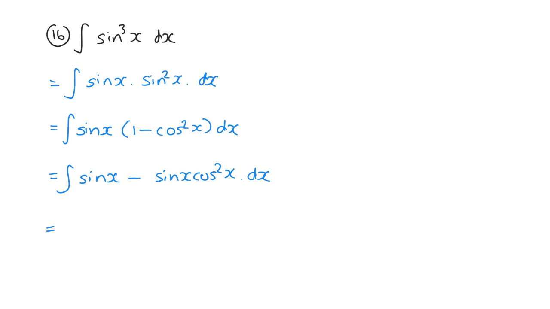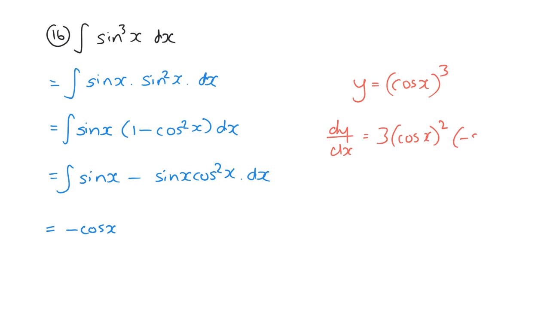So sine x, when we integrate that, we get minus cos x. Now this one here is one of the ones where your guess is in the bracket. So our guess is going to be 1 more than cos squared, so cos cubed x. When we differentiate, we get 3 times cos squared x, then differentiate cos, we'll get minus sine.